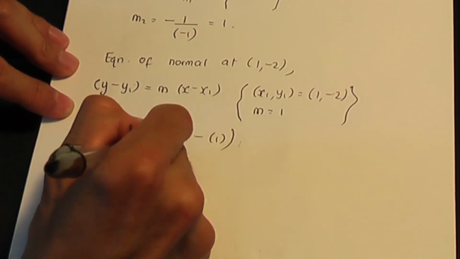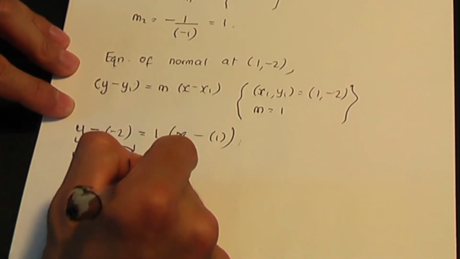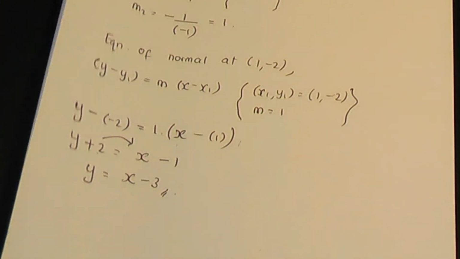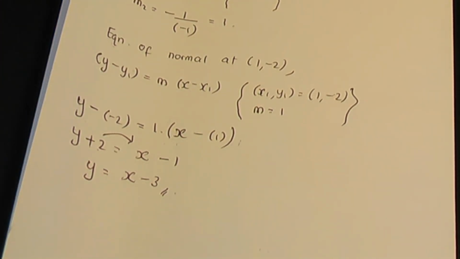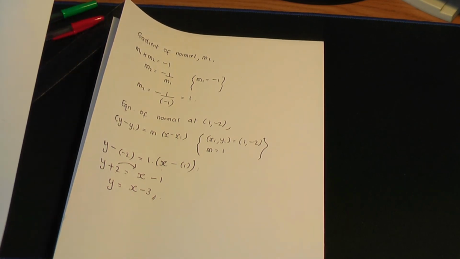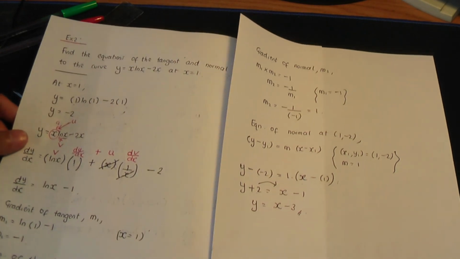And if I take that plus 2 over to the right hand side, y is equal to x minus 3. So that should be the equation of the normal. Okay? So that completes this example, example number 2, and these are the steps for that particular example.